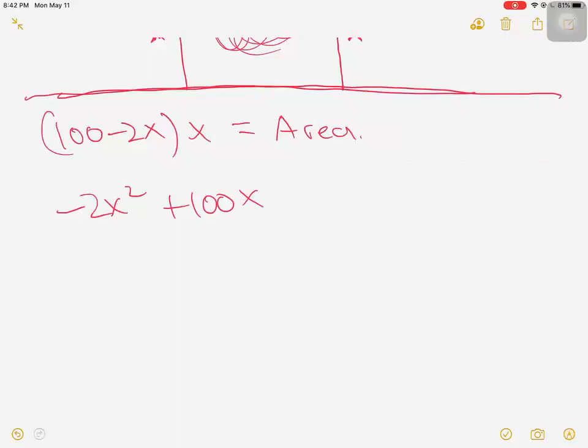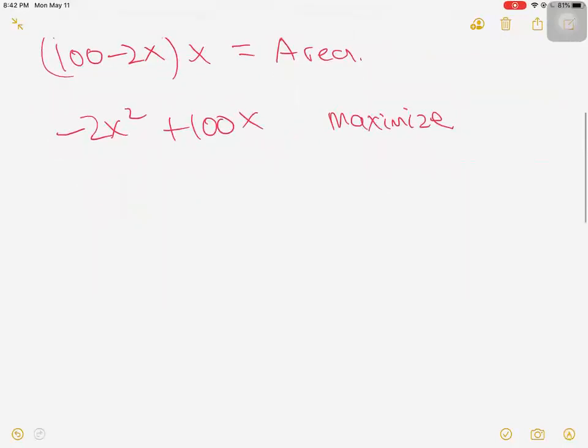And since we want to maximize the area, we want to maximize this value. But remember, I told you that when you want to maximize a quadratic, this is a quadratic. It looks different because it doesn't have a constant term, but we can imagine it has a plus 0 at the end.